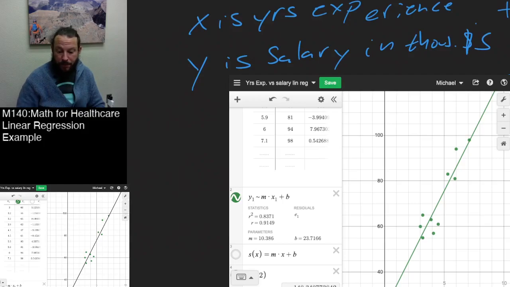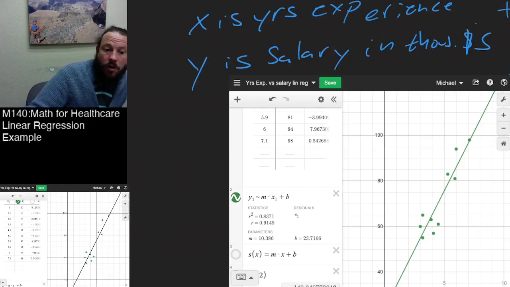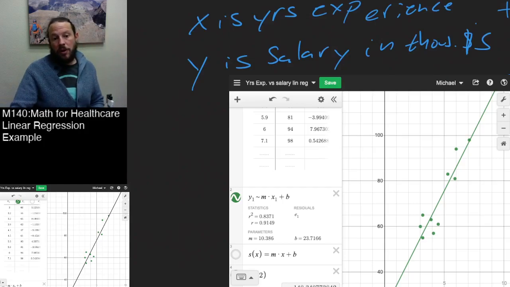All right. So, now think about, are we still happy with the fit? What would we need to check for that? Well, a good idea, the first place we go is our correlation coefficient R, which is 0.91.